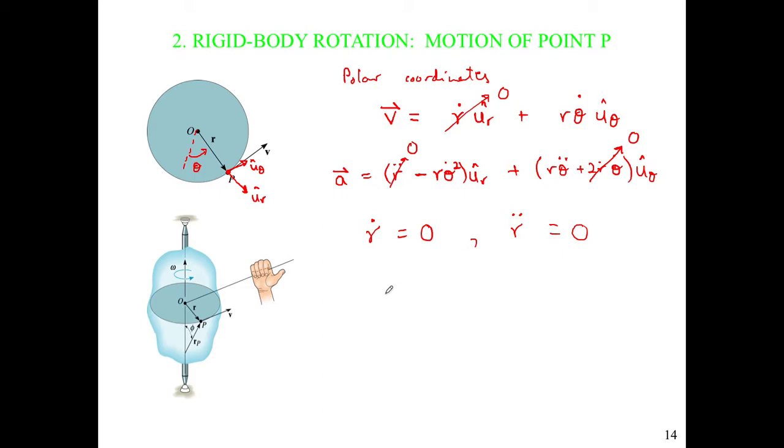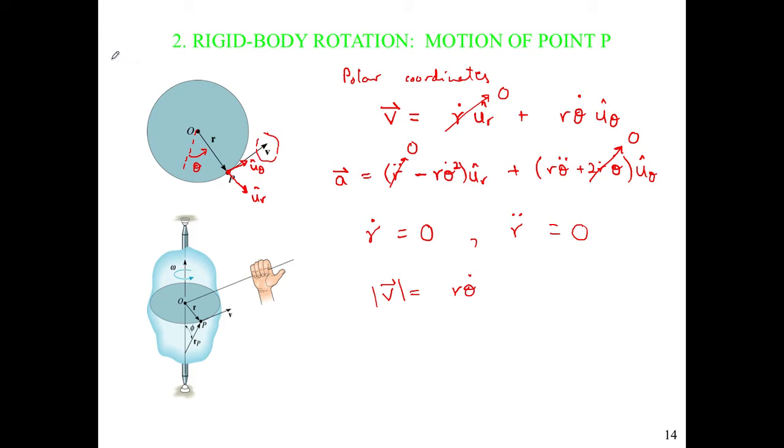First things first, my velocity is then r theta dot, in the U theta direction, as I've drawn right here. But let me simplify even further and just look at the scalar version, the magnitude of the velocity. That's going to be r theta dot.